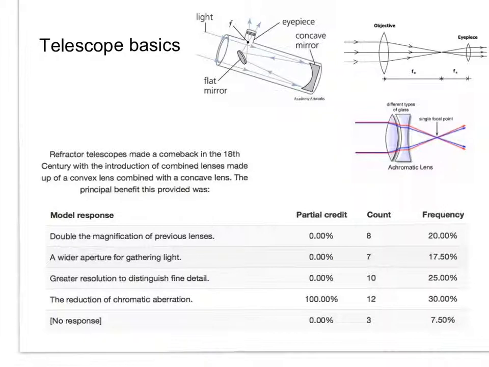But this is a question that a number of you had difficulty with. The question was all about how the development of this twofold lens system allowed refractor telescopes to make a comeback.